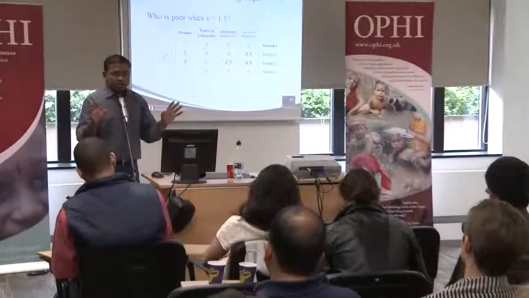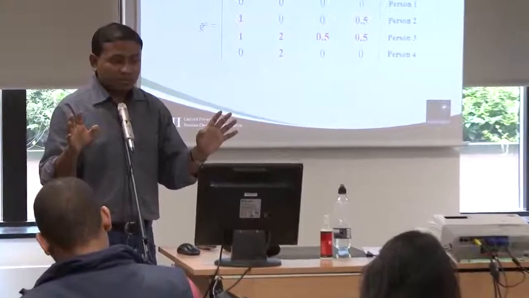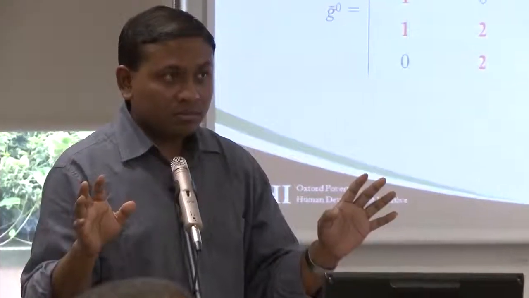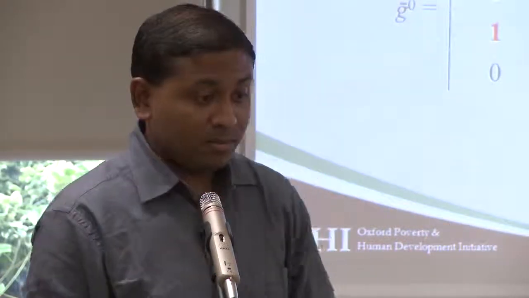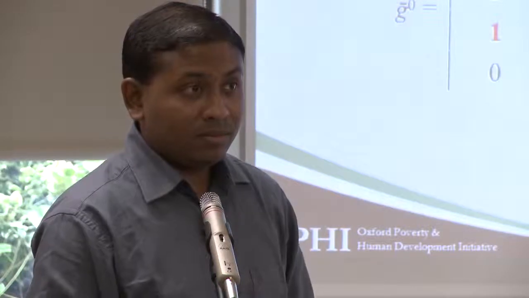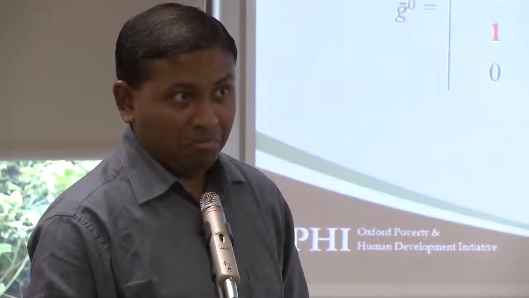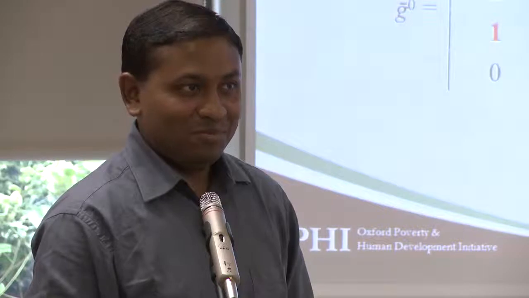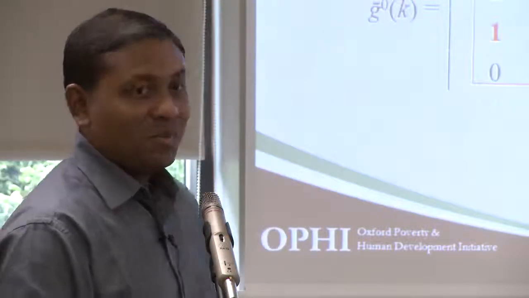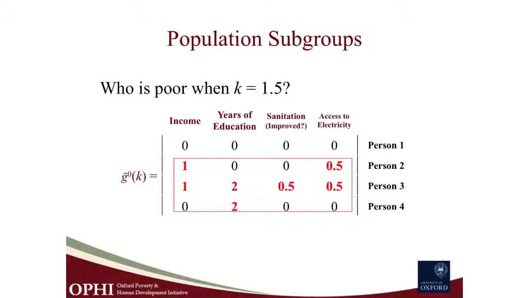Who are poor here? Person 3 and 4. All three? No, 2, 3, 4. Ah, yeah, 2, 3, 4. Okay, so all of them are. Yes, perfect, very good.